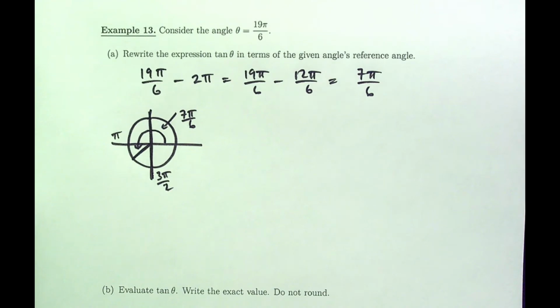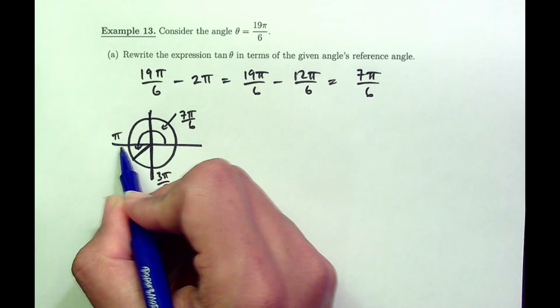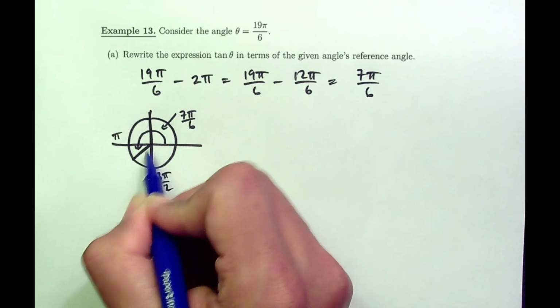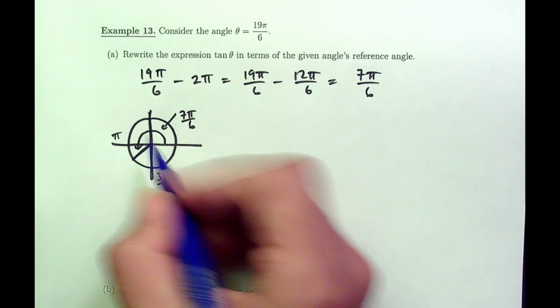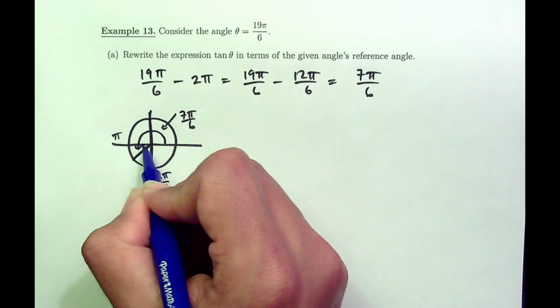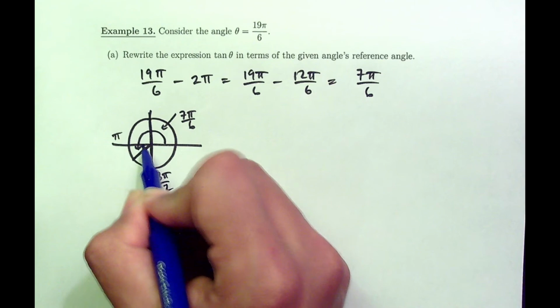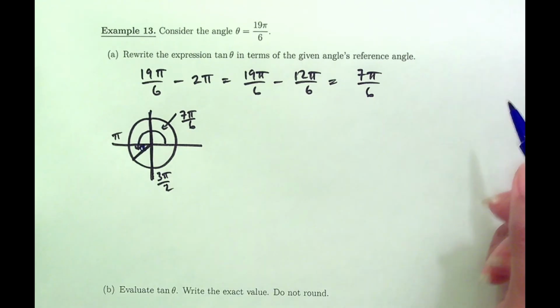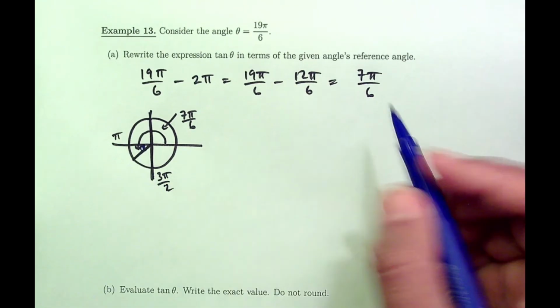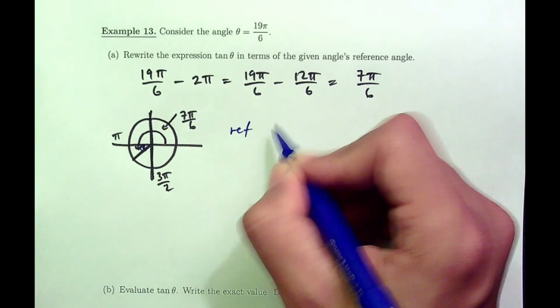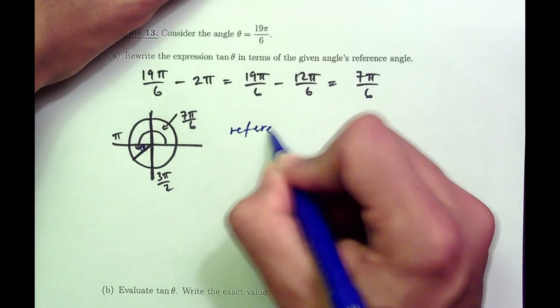Okay, now we're supposed to find the reference angle. The reference angle is the smallest angle formed by the x-axis and the terminal side of my angle, which in this case is this one right there. So what is that little piece over there?